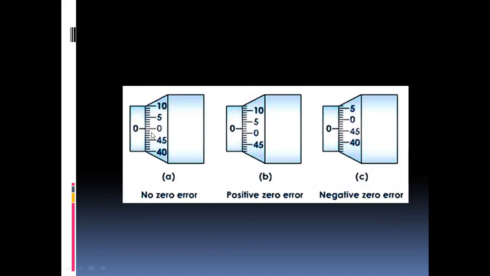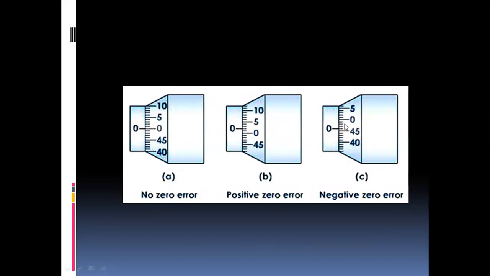When there is no zero error, you can see both of the zeros are coinciding with each other, then we will say that there is no zero error. But if the zero of the circular scale is under the zero of the index line, when we close the stud and the spindle, then there is a positive zero error.